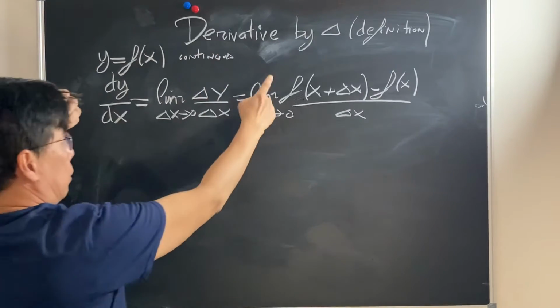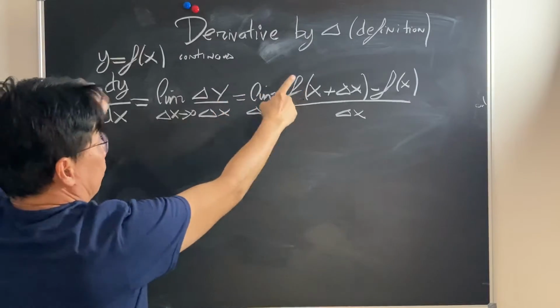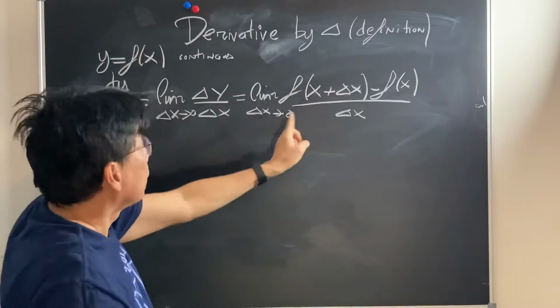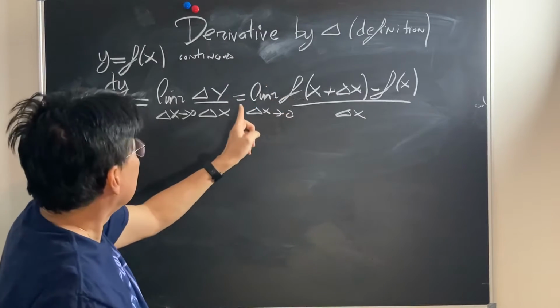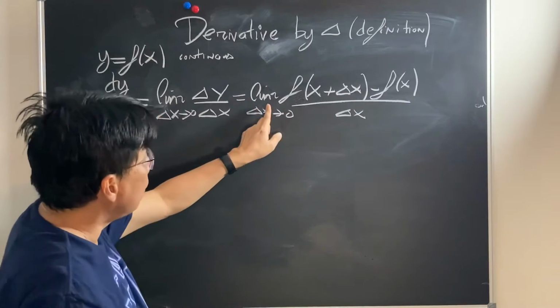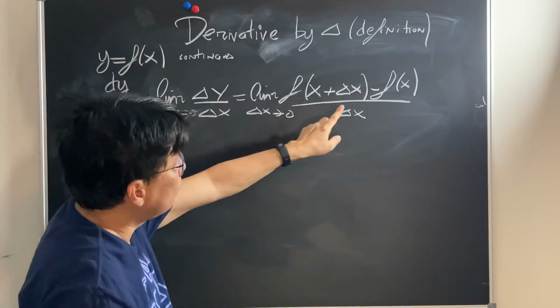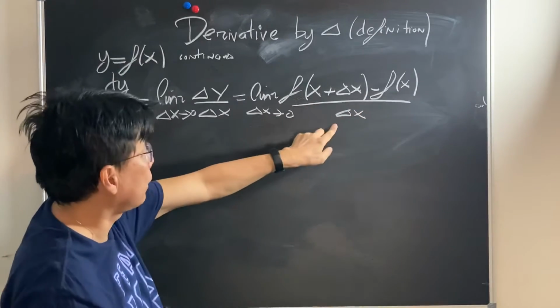So when we take the derivative by delta or by definition, that means we use this definition: dy over dx equals the limit of f of x plus delta x minus f(x) over delta x.